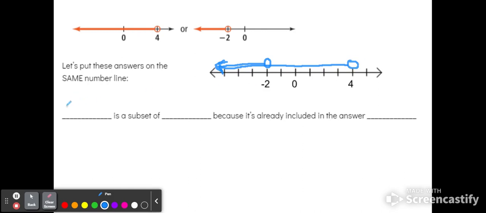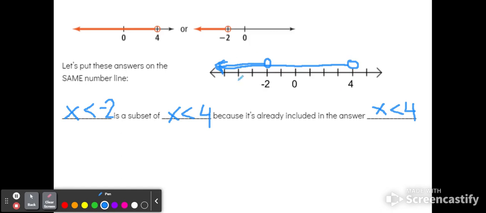So our x is less than -2 is a subset, or already included in, the x is less than 4, because it is already included in that answer. Okay, it is a subset. It is already part of the answers.